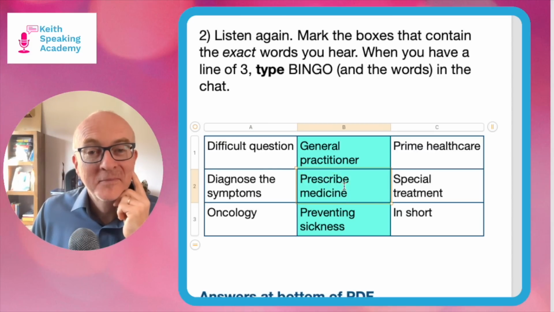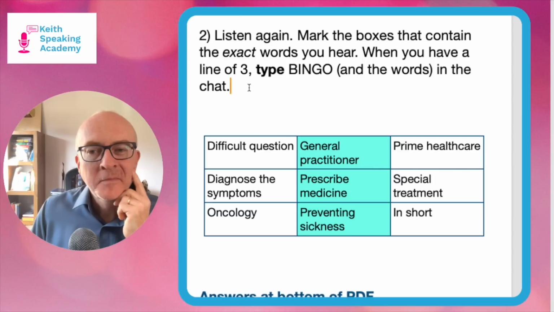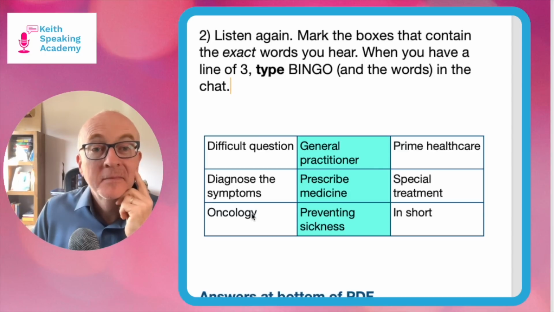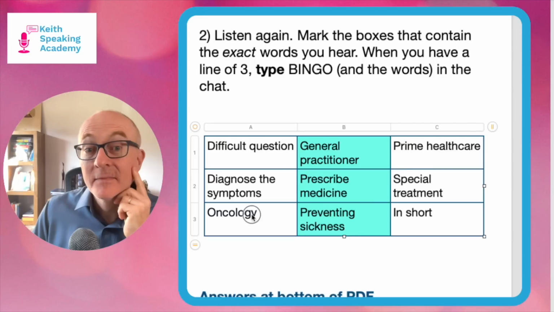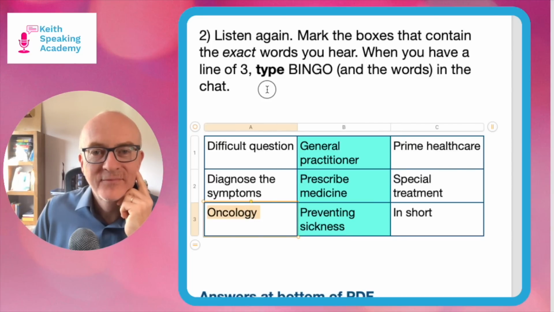Sometimes they might refer a patient to a specialist if they need more specific treatment. Now, in the hospital, there is a wide range of doctors, including paediatrics, who treat children, oncologists, who deal with cancers, pathologists, who study the cause and effect of diseases, surgeons, who carry out operations, and many, many more.